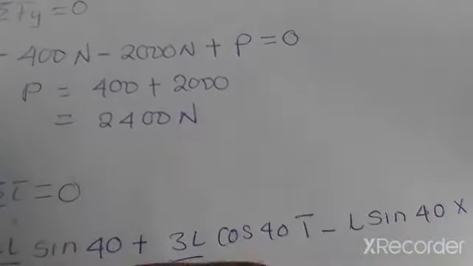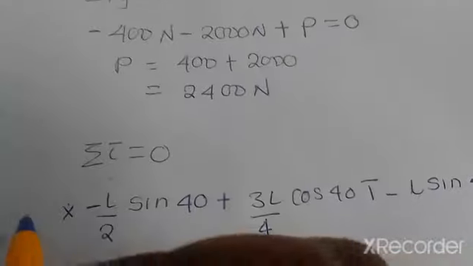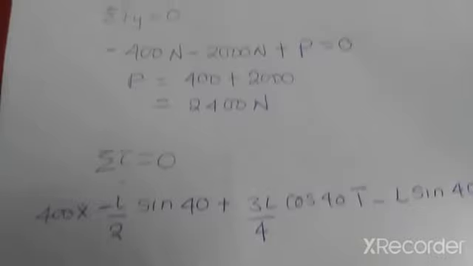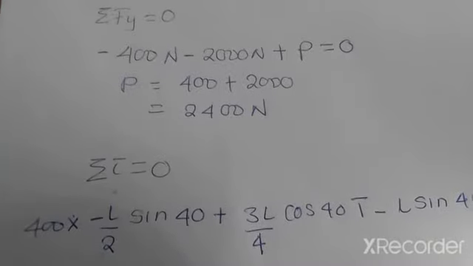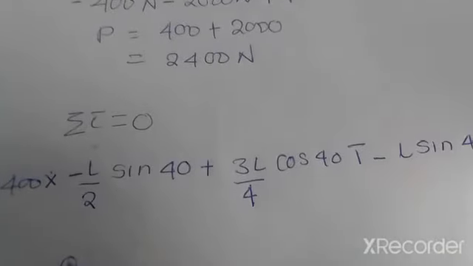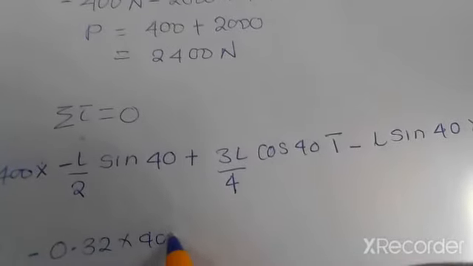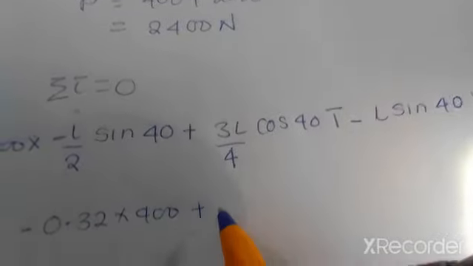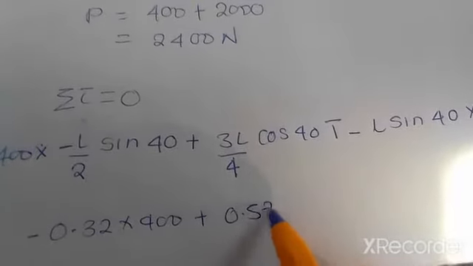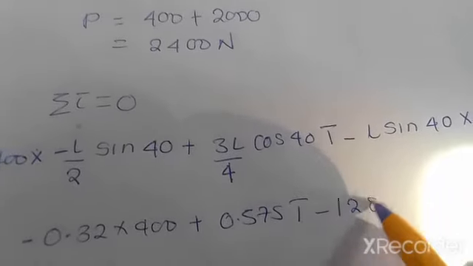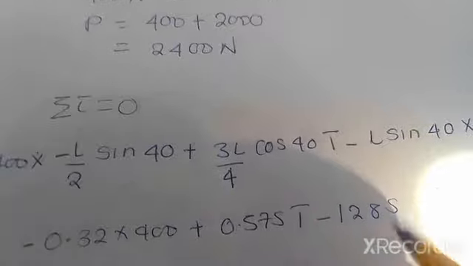Here I forgot to multiply this by 400, the force which is acting at the center of mass. Okay, so that's what we have. If we simplify this, we are going to have negative 0.32 multiplied by 400, plus 0.575 T minus 1285 newtons.